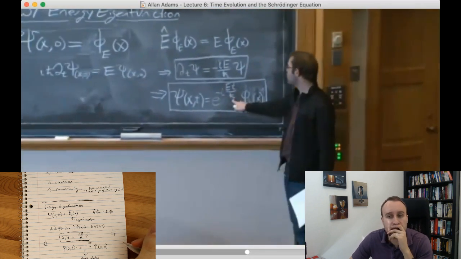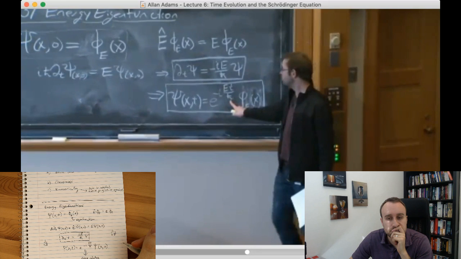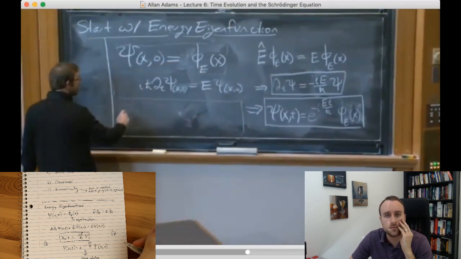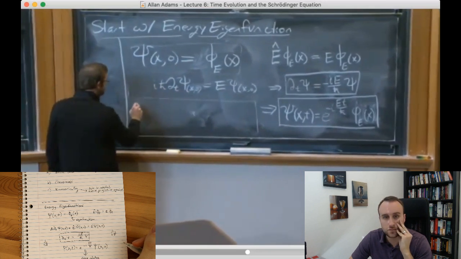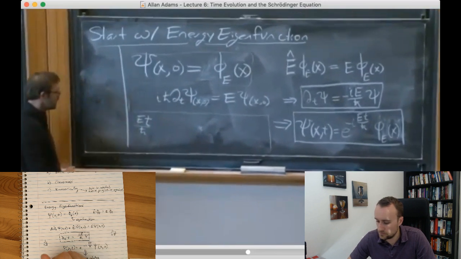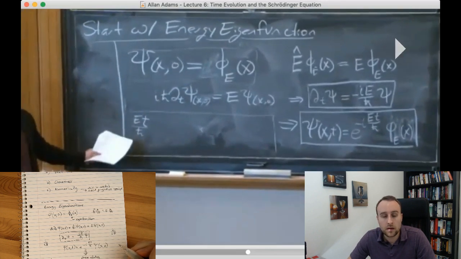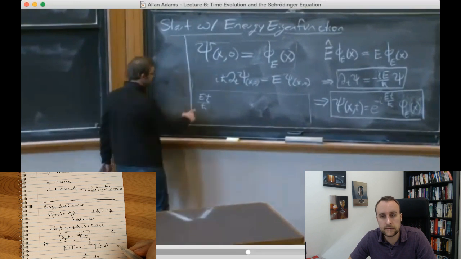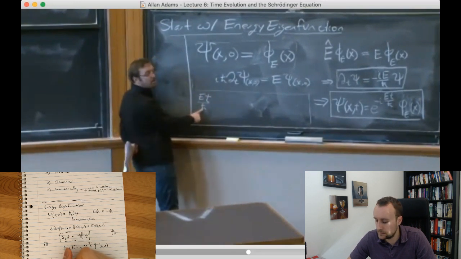So, quiz: does this make sense dimensionally? Let's quickly check. Yeah, it does. We have that the exponent there is E t over h bar. This should have dimensions of what in order to make sense? Nothing, exactly. It should be dimensionless. So what are the dimensions of h bar?